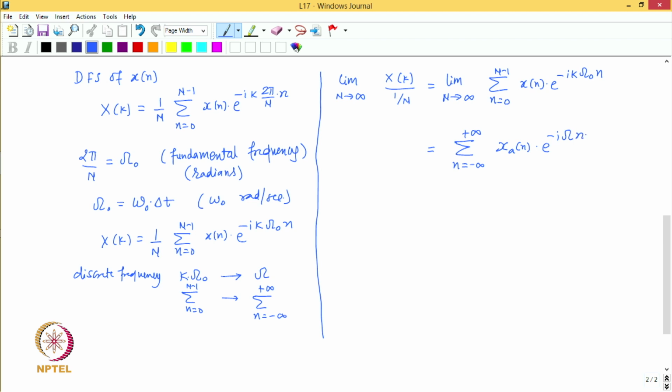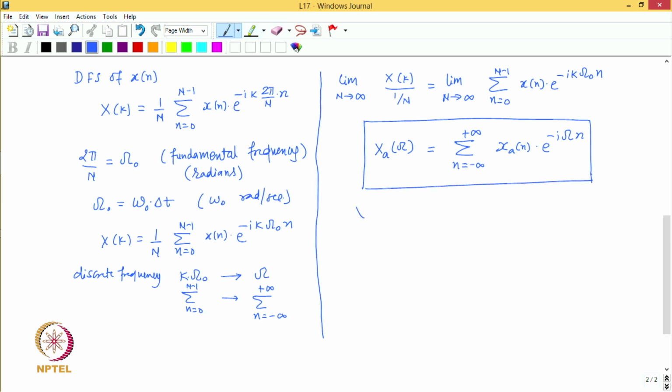So we see that this right hand side has now become a continuous function of frequency omega, and therefore the left hand side we can symbolically represent as some function which depends on the continuous variable omega. So let us represent this by x a of omega. So here this is the expression we get.